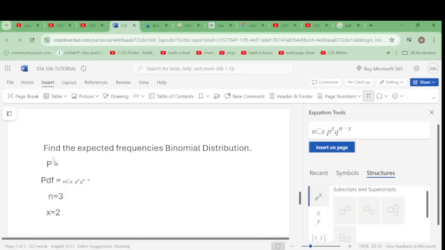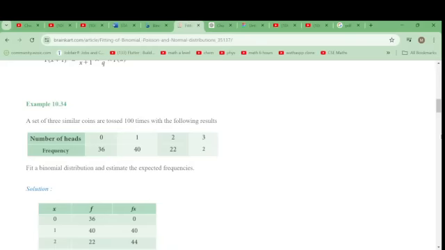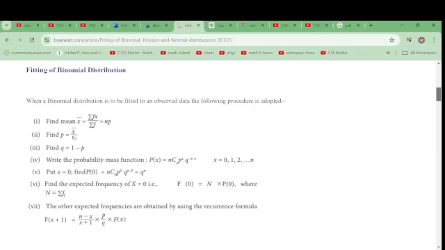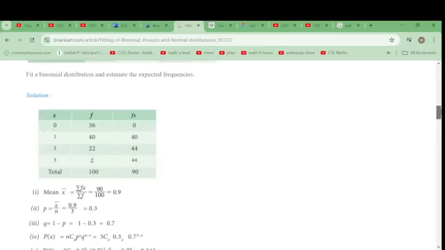I think everybody understands. Our p equals the mean divided by the number of the set. Do you remember? This is the formula here: p equals x bar over n. X bar over small n. That small n will be our 3.